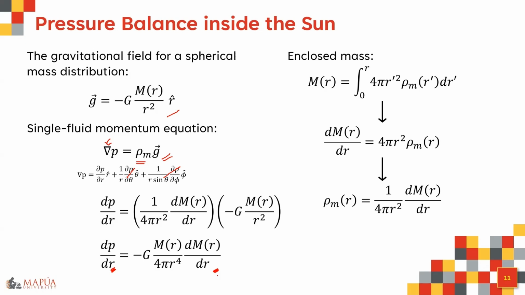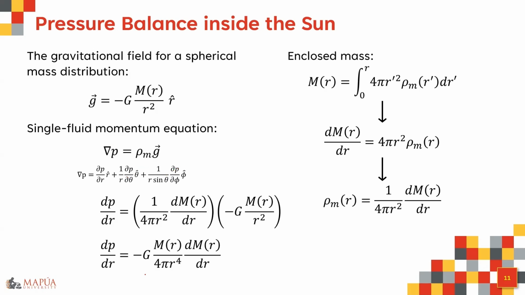Of course, the solution to this will entail several boundary conditions, and those boundary conditions are found at the surface of the sun, in order to look for the actual solutions.